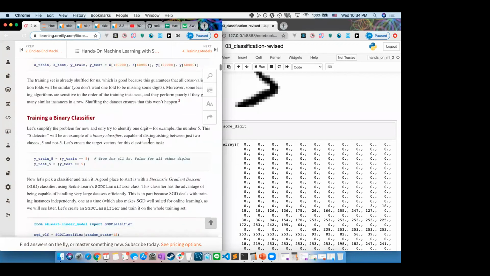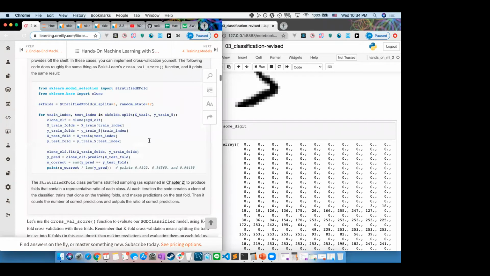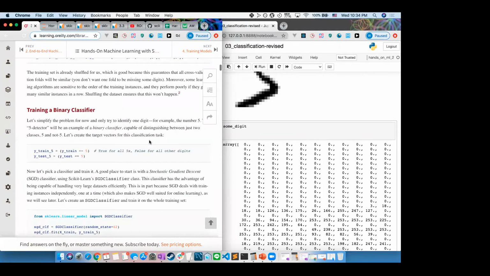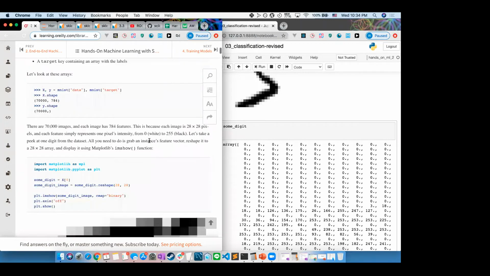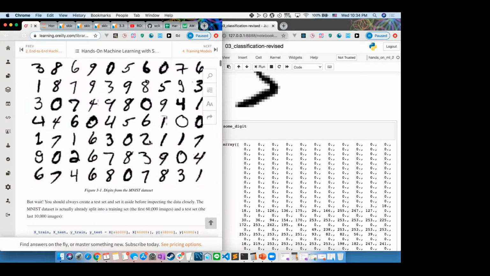Okay, back to chapter 3. Training a binary classifier. Let's simplify the problem for now and only try to identify one digit, for example, the number 5.